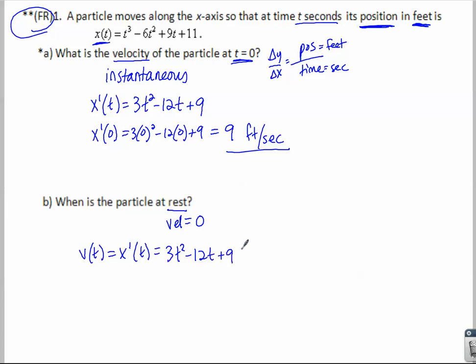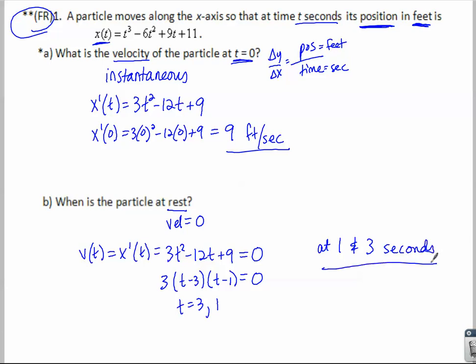Let's make that 0. The velocity is 0. Can we solve for t? We sure can. We can factor out a 3, then we can factor the leftovers, t minus 3, t minus 1, and we get t equals 3 or 1. So when is the particle at rest? It's at rest at 1 and 3 seconds.